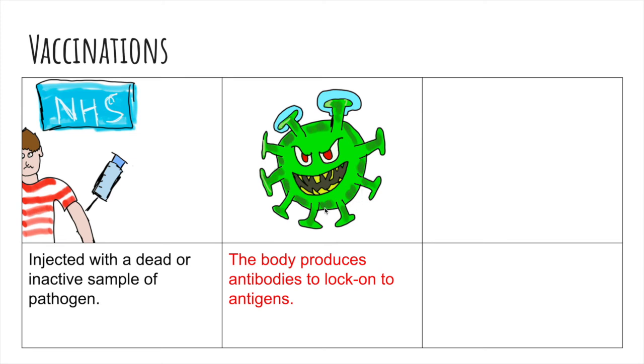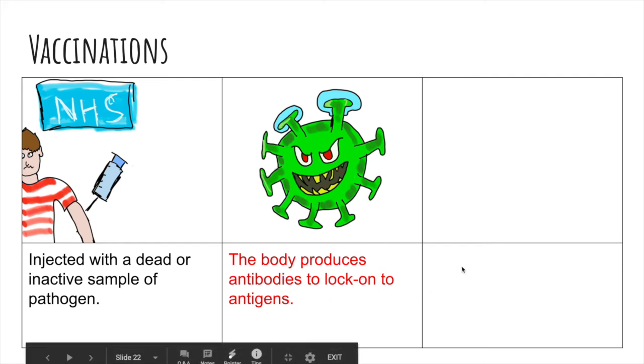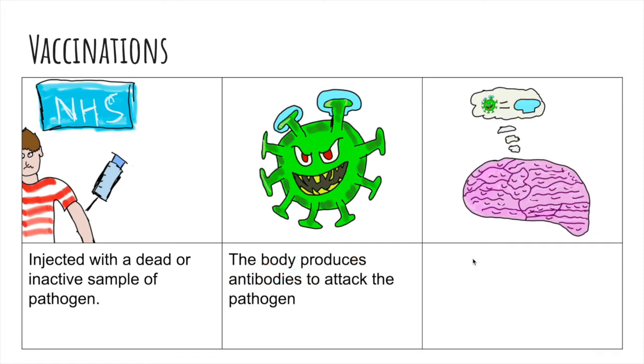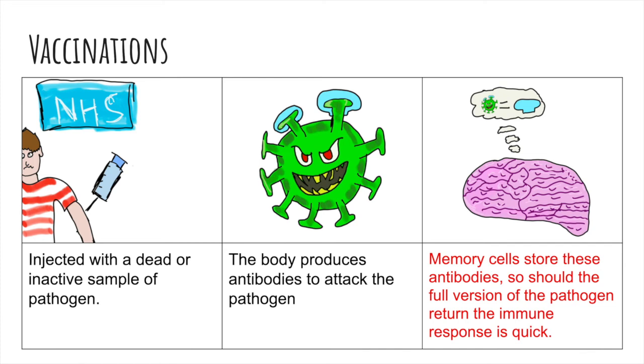But because your body has now fought that, it stores these antibodies for a rainy day, and it stores them in your memory cells. So when that virus, that bacteria returns, it knows how to defeat it, and it knows how to combat it. And straight away, you have a nice, quick immune response.